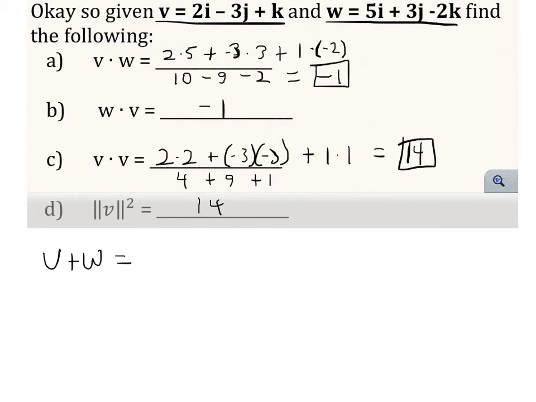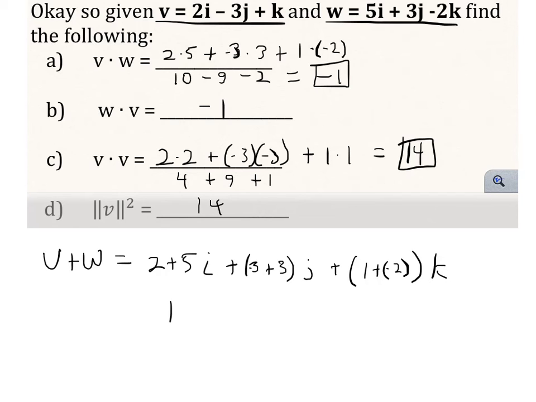V plus W is going to equal 2 plus 5 I plus a negative 3 plus 3 J plus 1 plus a negative 2 K. Alright, so we end up with 10I plus 0J minus K. Or if you simplify it, 10I minus K is your V plus W.